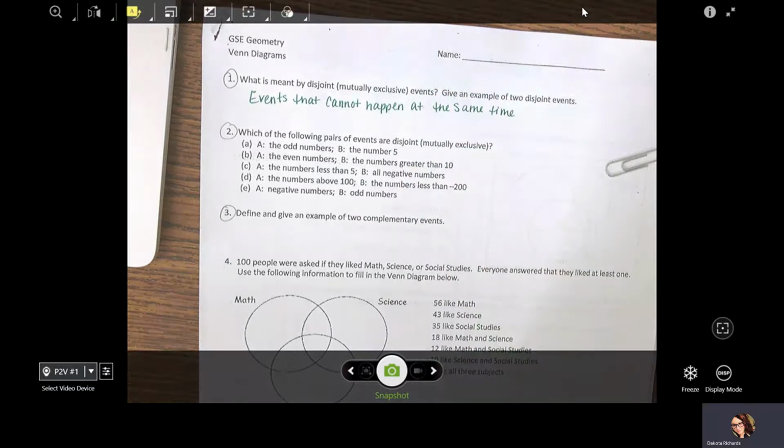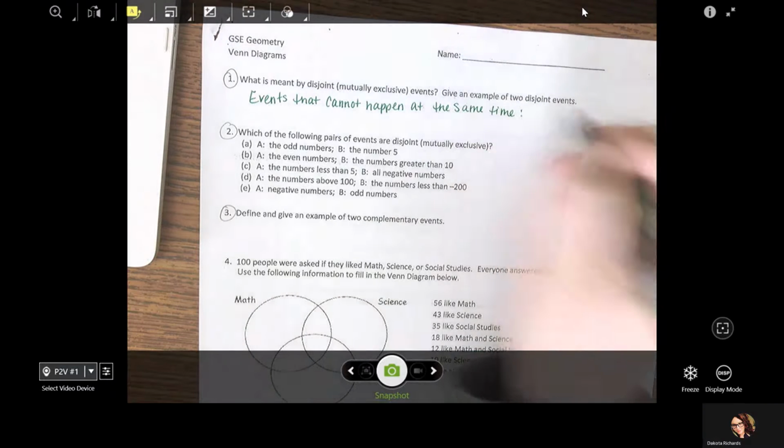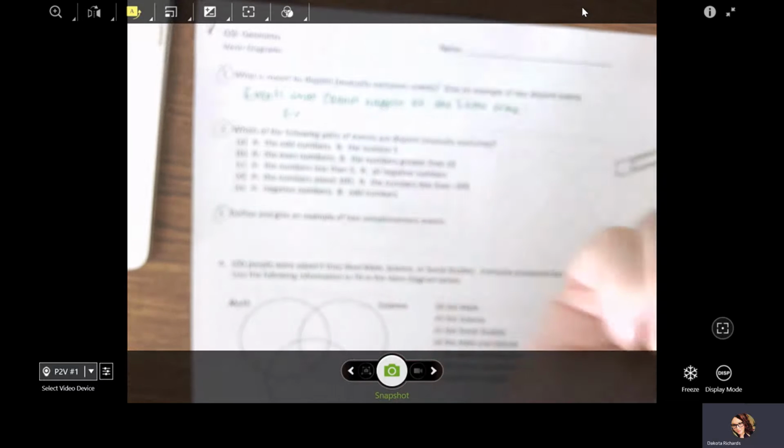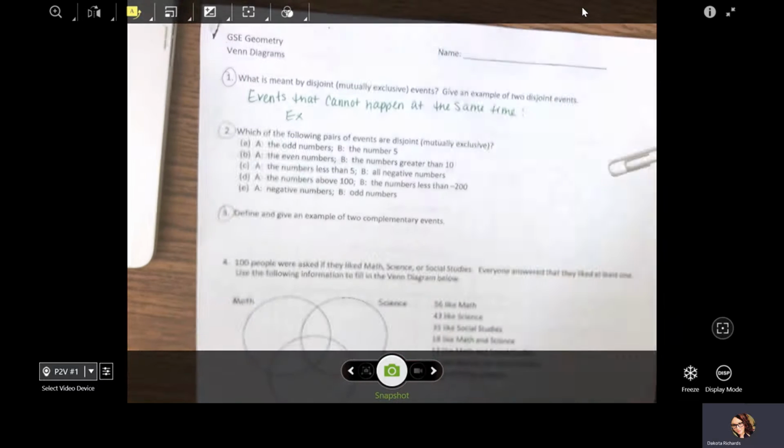An example of this would be being both an even and an odd number.